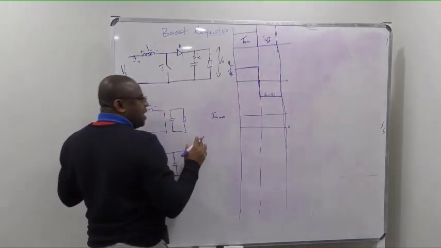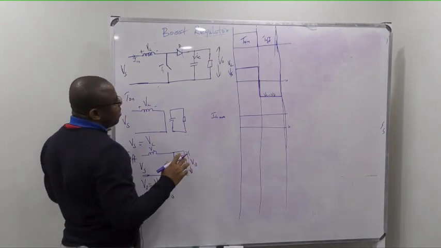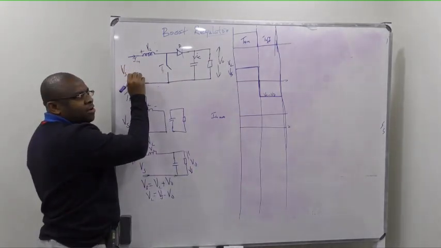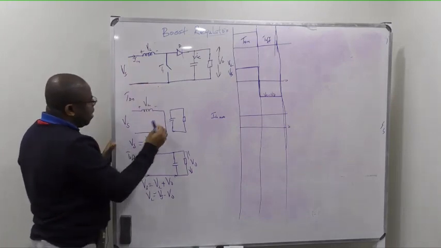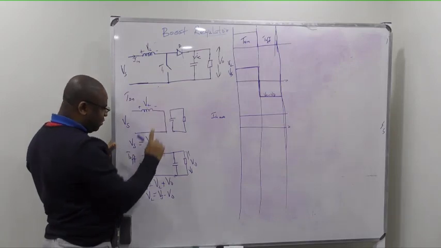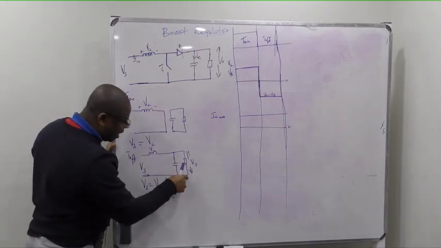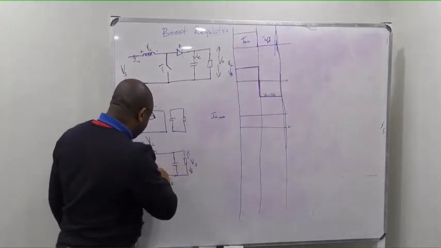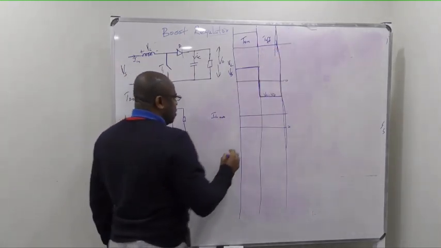So I have the average value, which is your I in. But now we see that once you switch this on, the current builds up. Once you switch this off, the current is discharged to the load.